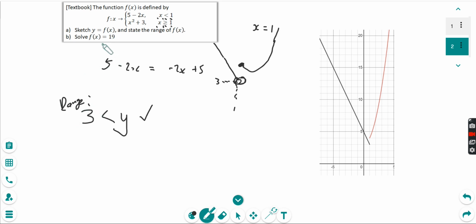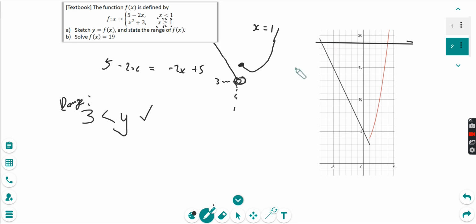Finally, solve f of x equals 19. So solve where this whole thing is equal to 19. So where are things equal to 19? Well, seems to be, sort of somewhere over there. So there's actually going to be two answers here.